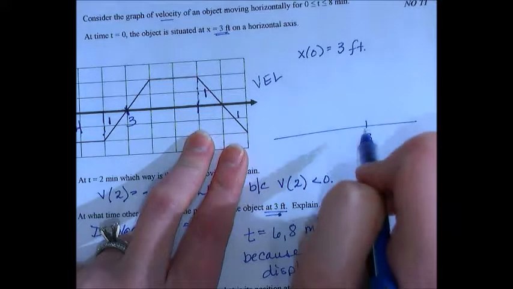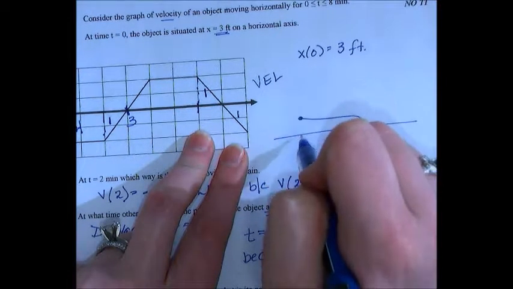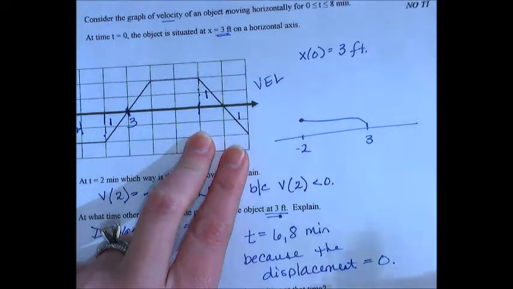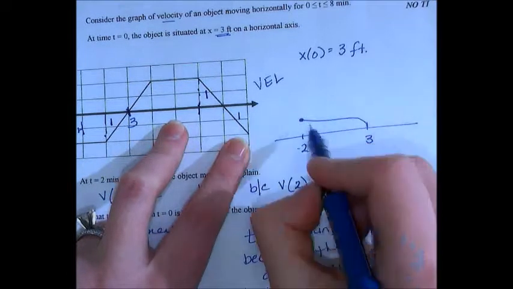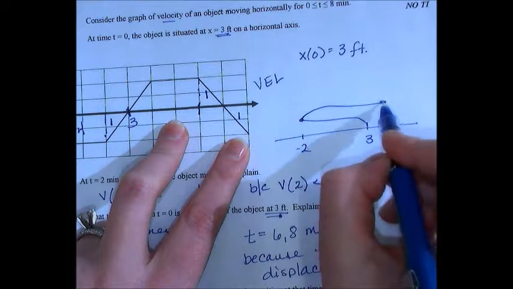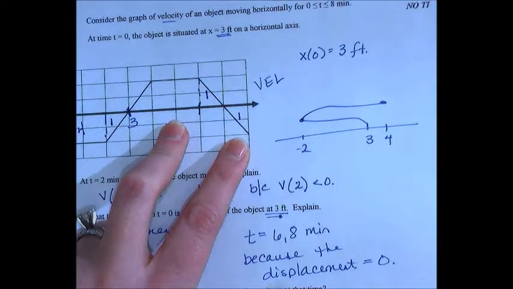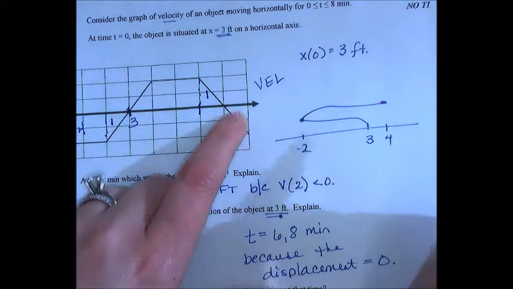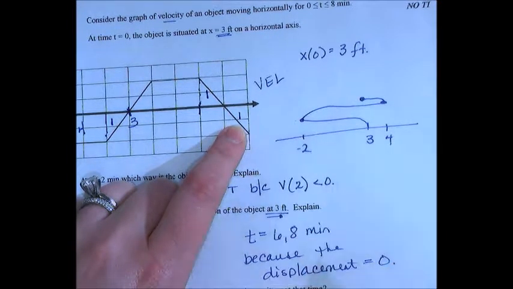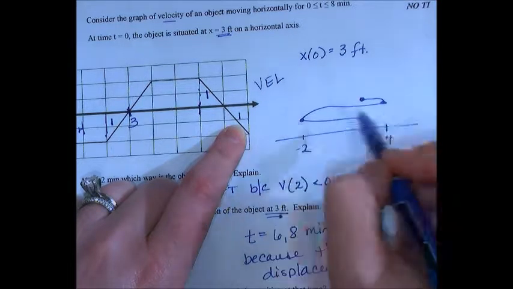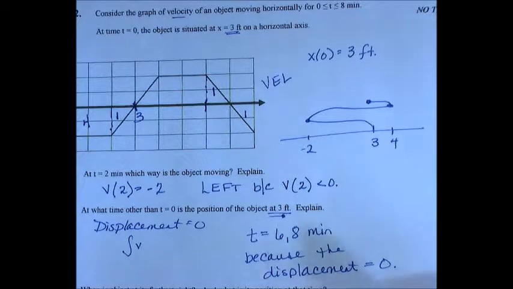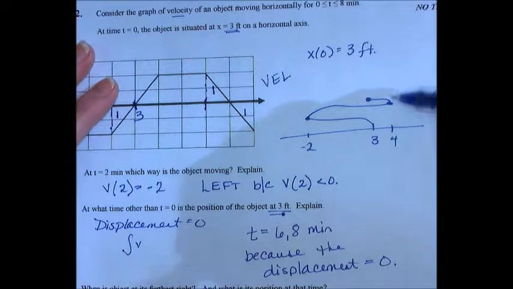It moves to the left 5 units. So that's at -2. Now it's moving to the right 6 units. Now I'm at 4 feet, and then it moves to the left again 1 foot. Okay? So this is the path of my object. This is what I have going on in my head. Might as well put it down on paper. And if you look at this, when am I furthest to the right?